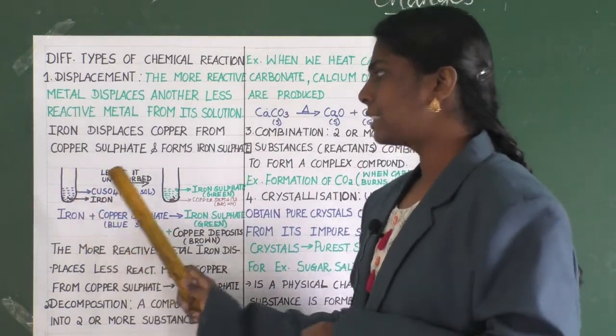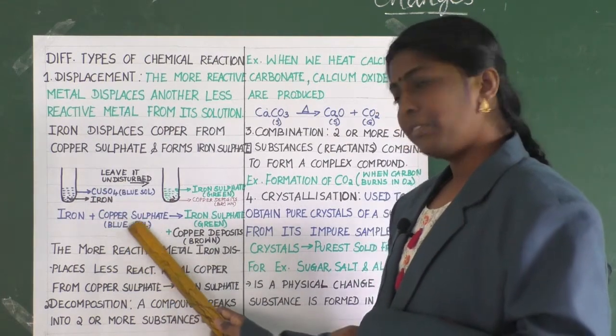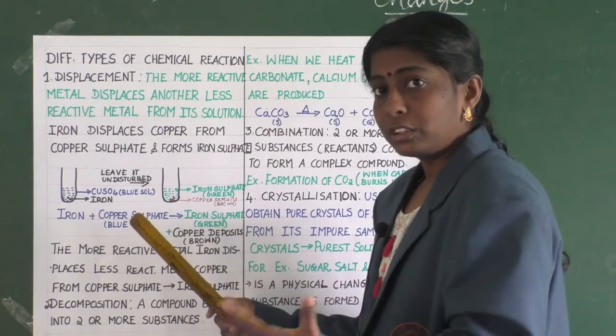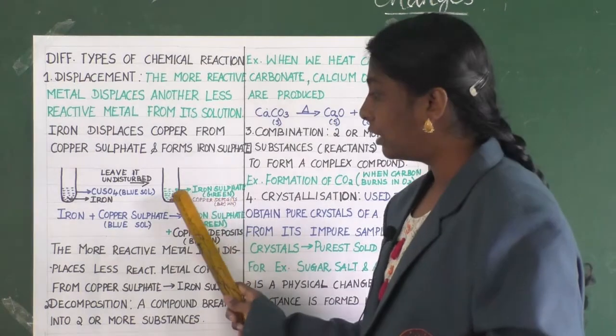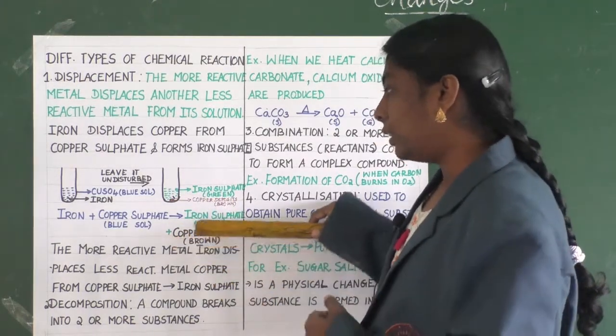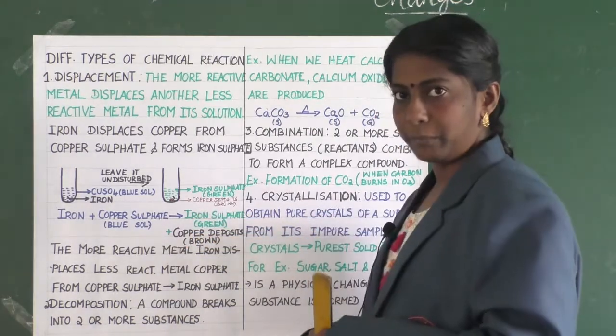Iron plus copper sulfate solution, which is blue in color, will react together to form iron sulfate, which is green in color. Along with that, copper deposit is also observed, which is brown in color.